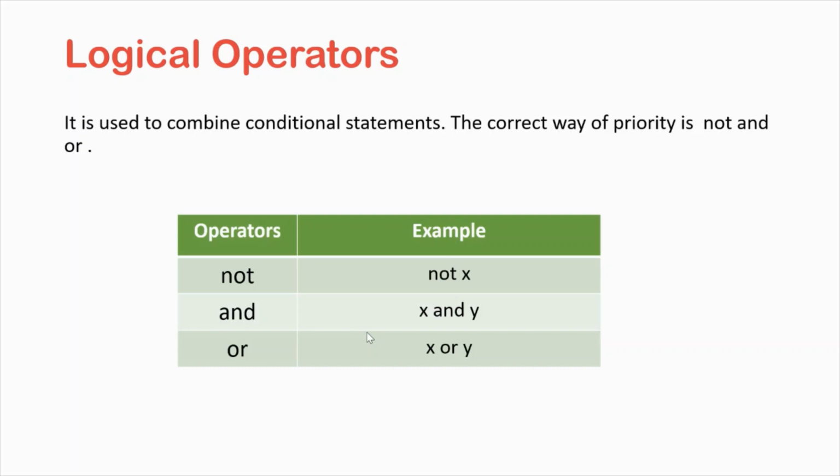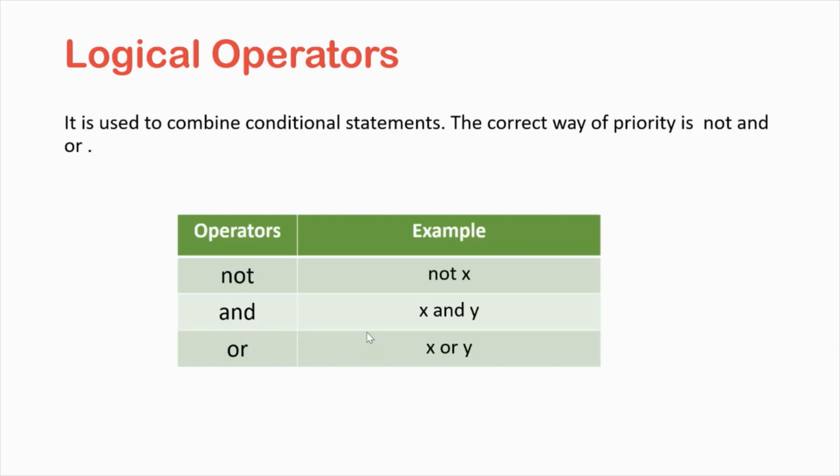One person is coming, so first it will check whether the age of the person is greater than 18. If the age of the person is greater than 18, then it will reply, you are eligible for voting, or else it will reply, you are not eligible for voting. These things are conditional statements. Here we are saying that it is used to combine conditional statements.